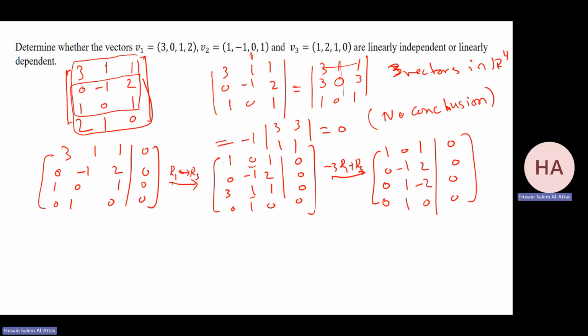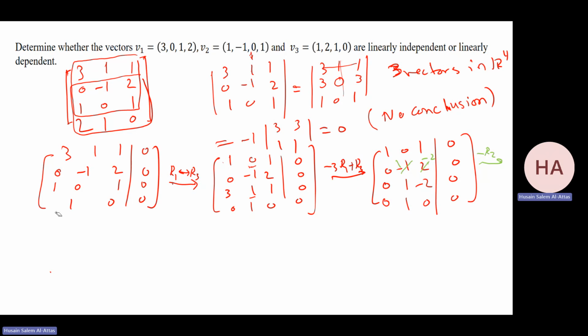Now I will do the same trick like what we did before. Multiply by minus R2. That will be 1. That will be minus 2. And see what will happen. Oh, I made a mistake. 3, 1, 1, 0, minus 1, 2, 1, 0, 1, 2, 1, 0.